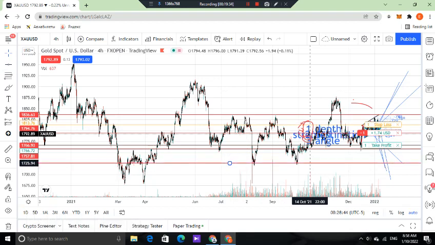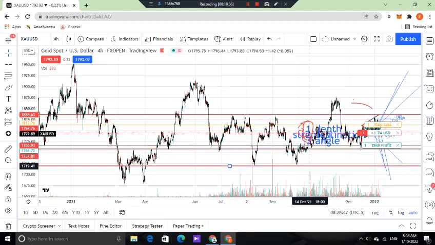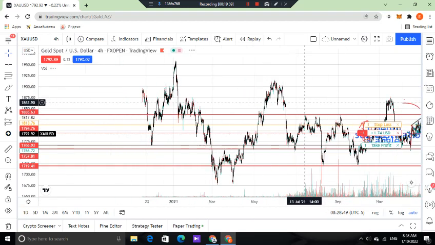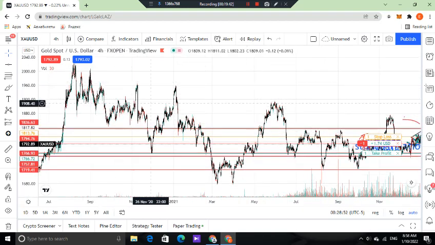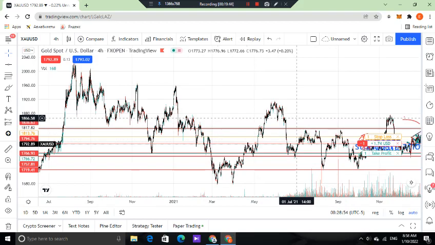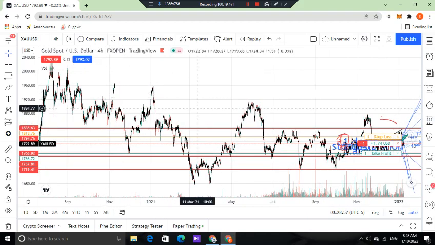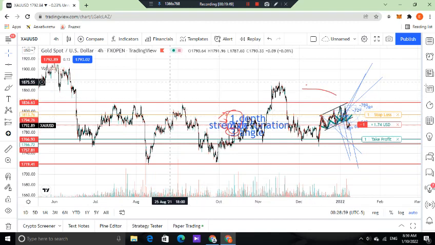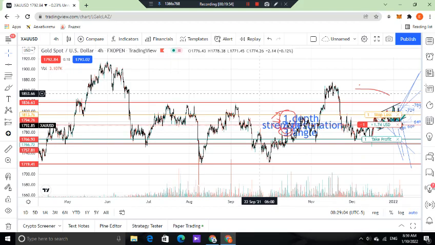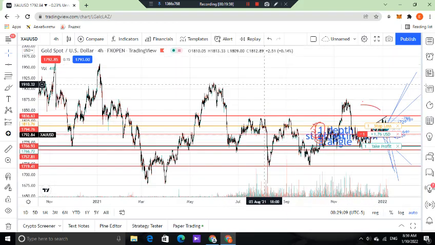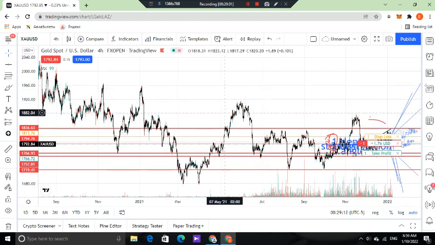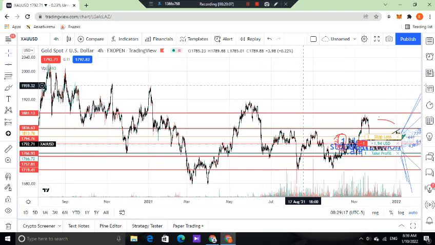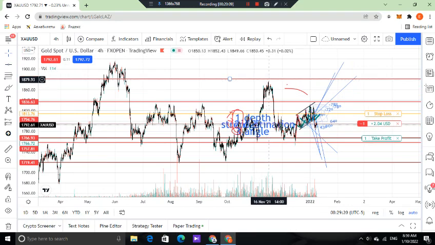We have a lot of levels here. It's more like stairs. Step by step it moves at these levels. At some times it stopped, but it continues its movement, and it's fantastic. You have to determine these levels for yourself and make the most use of them.